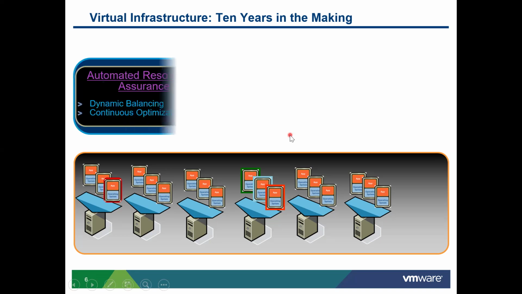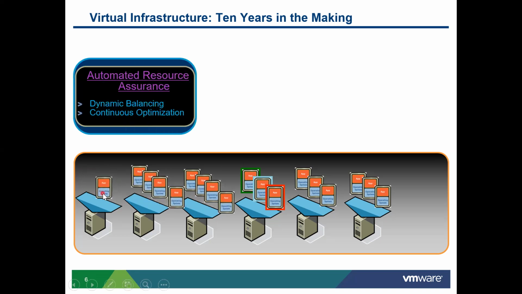If those are getting more RAM and CPU, it will do dynamic balancing for continuous optimization. Probably the remaining two VMs will not get enough RAM and CPU. So the VMware vCenter feature called cluster will do this live optimization.